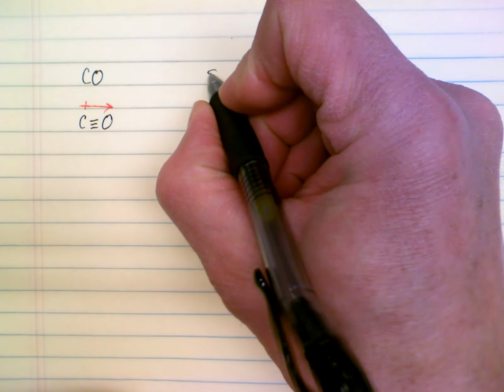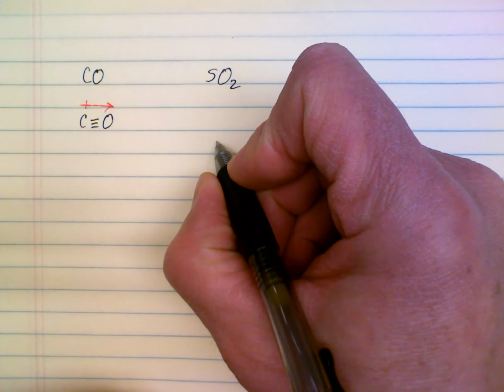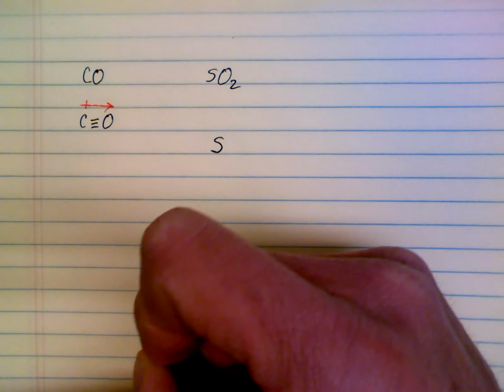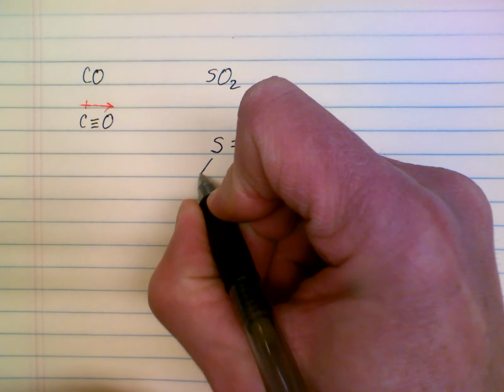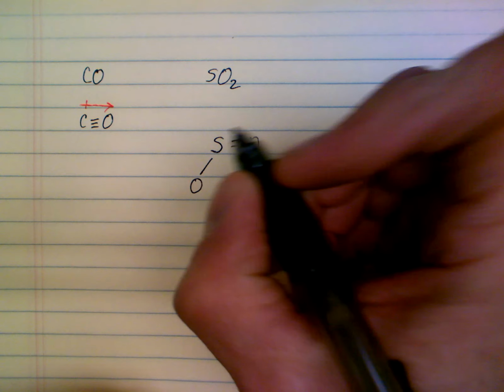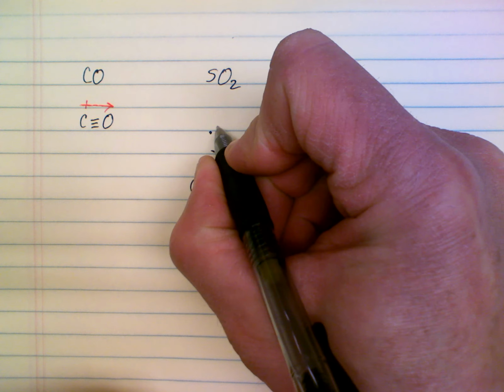Also consider SO2. If we were to look at sulfur dioxide and do the 3D diagram, we'd have sulfur double bonded to one of the oxygens, a single bond to the other oxygen, and an unshared pair here.